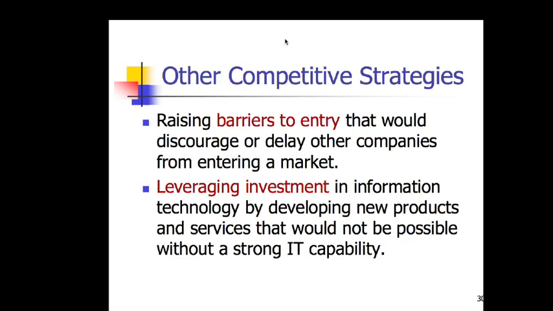So other competitive strategies to think about. Raising the barriers to entry. If you are creating a product, you don't necessarily want everybody else to create the same product. So you can use IT to create that barrier to discourage or delay companies from competing with you or from entering into the market. Not always with a product, it may also have something to do with a service.